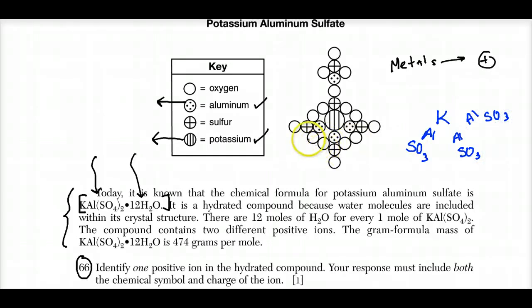Okay, so it looks like every aluminum has an SO3, and there's another SO3. All right, SO3. Okay, and then if this is the aluminum again, okay, aluminum and another SO3.